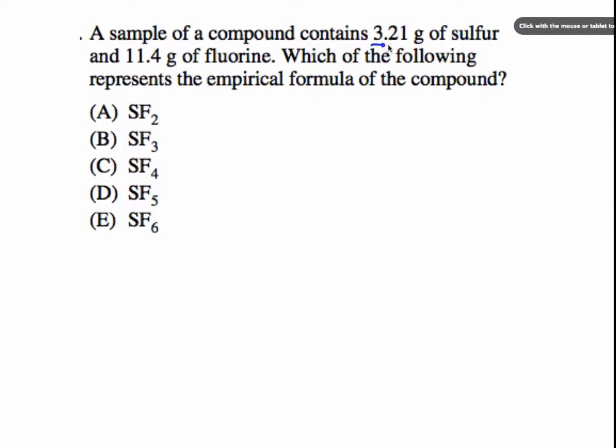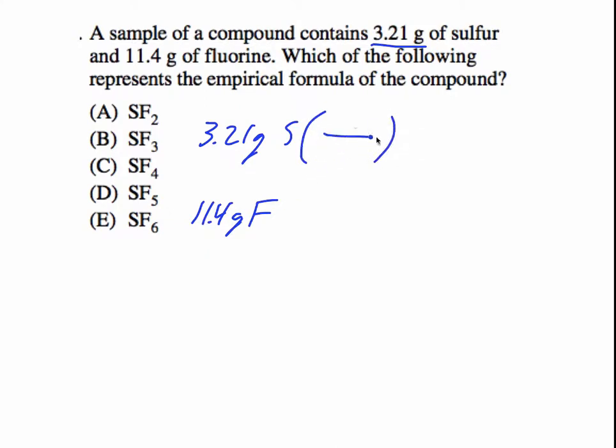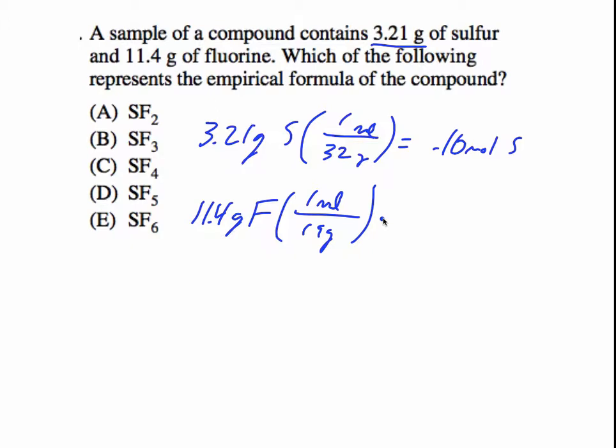All right, well, they already gave me grams, so I don't have to do percent to mass. 3.21 grams of sulfur, 11.4 grams of fluorine. I know that there's 1 mole, there's 32 grams. This is going to be 0.10 moles of S, and 1 mole, there's 19 grams here.